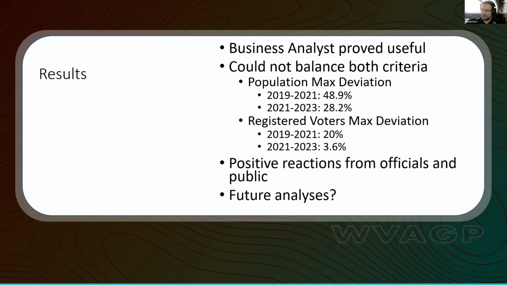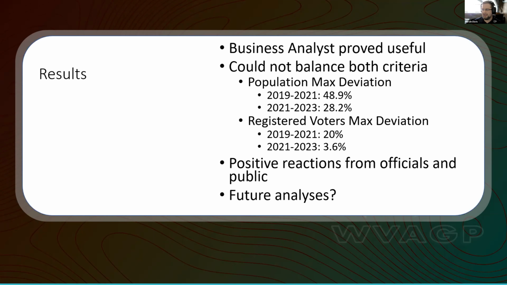Future analyses, some of the ideas are if such a thing as automatic voter registration were implemented, where as soon as you turn 18, get a driver's license, you're automatically registered. What would that do to the ward boundaries? I don't think we're necessarily worrying about that right now, but that was one of the options, looking at age groups, everybody above 18.